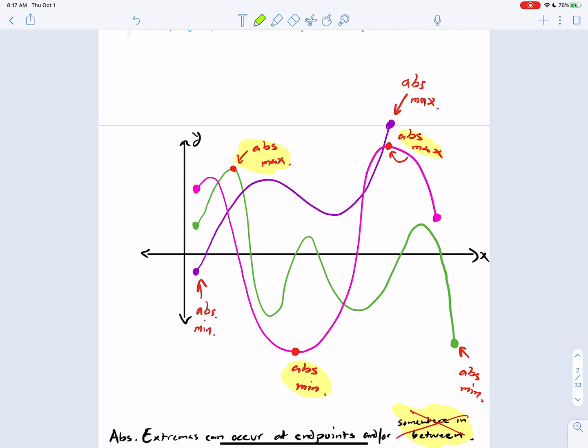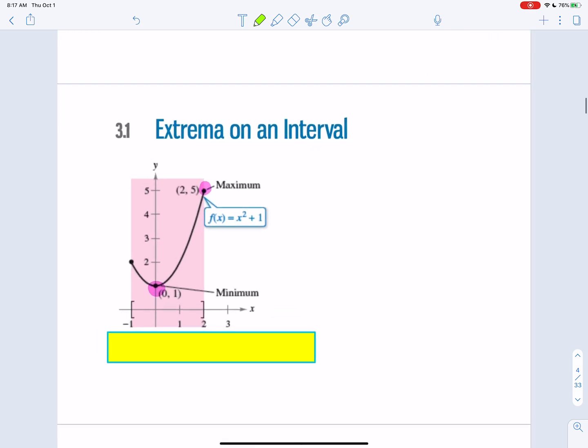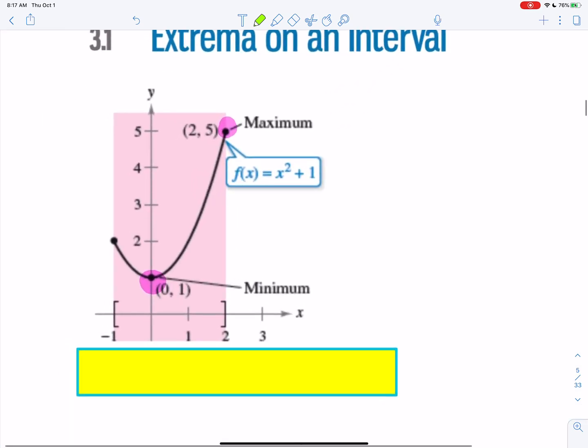Whether I drew the green graph, the purple graph, or the pink graph, notice how I never lifted up my pencil. And I don't think you guys did either, right? And that's why we were guaranteed at least one of each here. Now, take a look at this one. If I were to draw this graph, I would never have to lift up my pencil, which is why I had to have one of each.